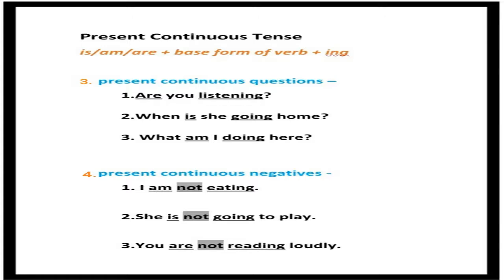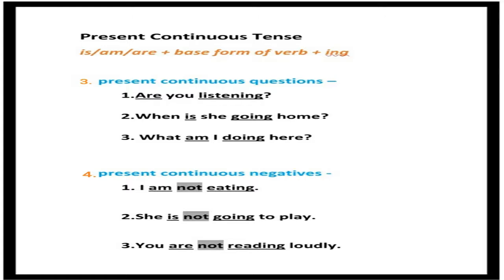Now, the last one: we also use present continuous tense to prepare negative sentences. Negative sentences are where we put not, nor, none, words like these, to create negative sentences. First example, you see, I am not eating.